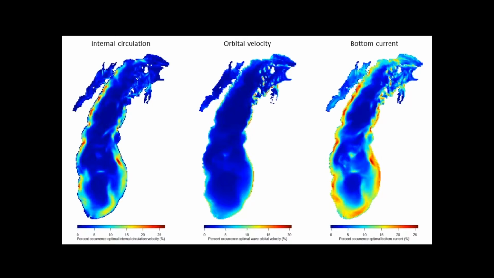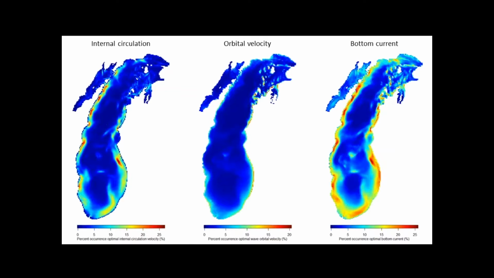So this map here on the left is the optimal current frequency using internal circulation data alone. The middle map is optimal current frequency for orbital velocity. And then after I added the two vectors together at each node, I came up with the map on the right, which combines the two. And this data was 3 hour data for years 2010 through 2015.